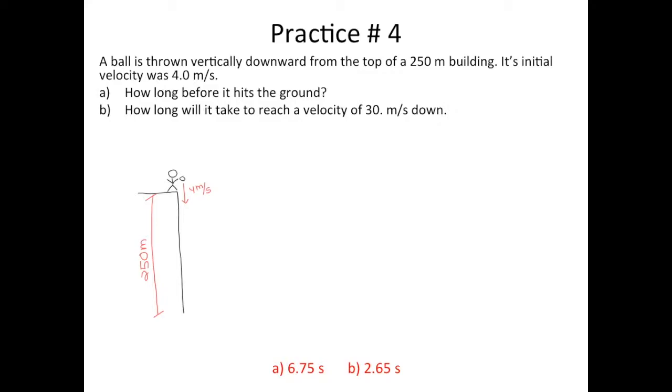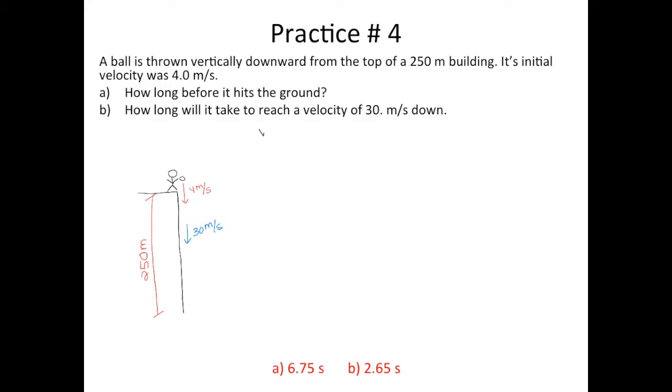So for part B on this problem, we need to find out how long it will take to reach a velocity of 30 meters per second down. So it starts at 4 meters per second, and we want to know how long it is going to take. Somewhere down here, it will be going 30 meters per second, and we want to find out how long that takes.